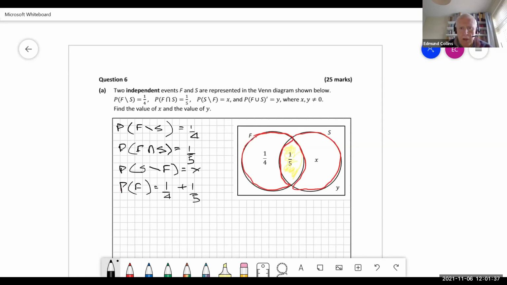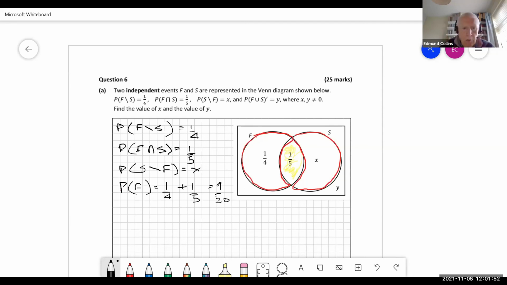We can see that from the Venn diagram, the full circle F, if you like. And that equals 9/20. Okay, so that's the first step.